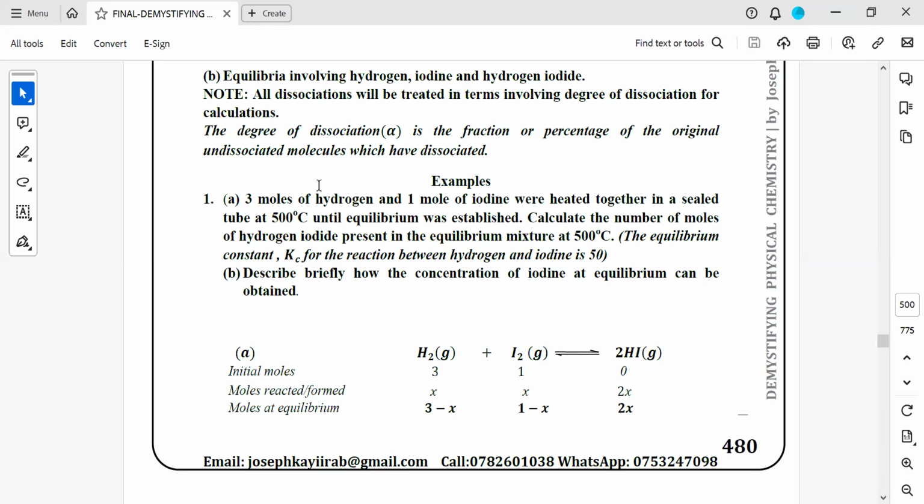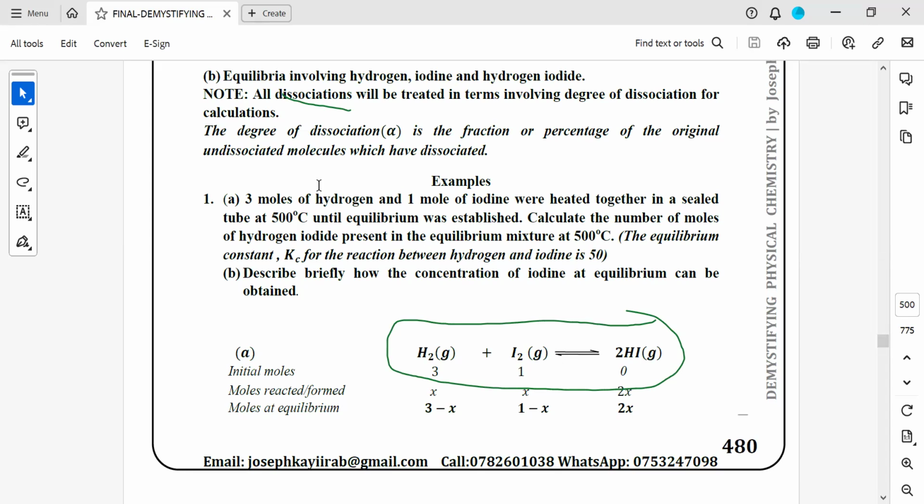Not all dissociations will be treated in terms of degree of dissociation for calculations. When we apply the degree of dissociation, we are dealing with compounds that dissociate to give products that are direct constituents of that compound. So here we cannot say there was dissociation. There was formation of hydrogen iodide, so we don't need to apply the degree of dissociation.